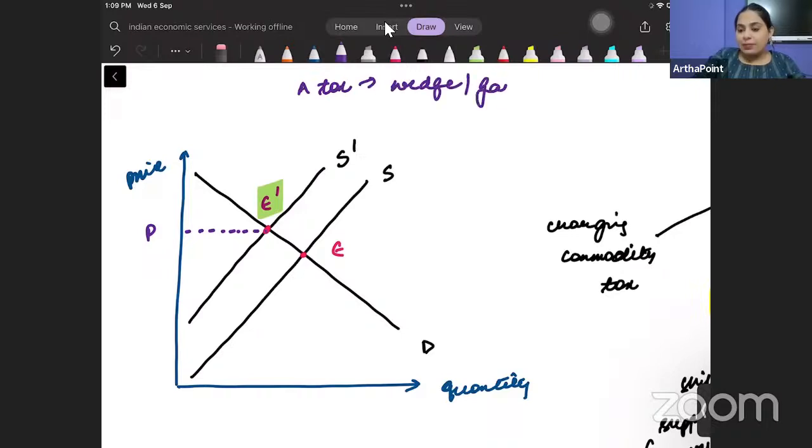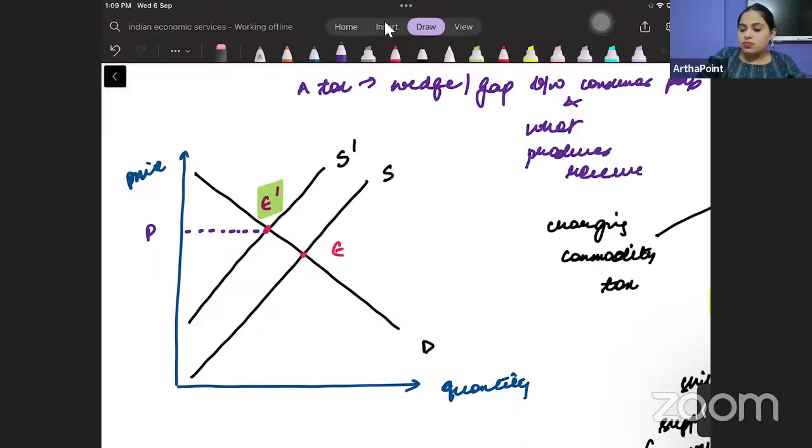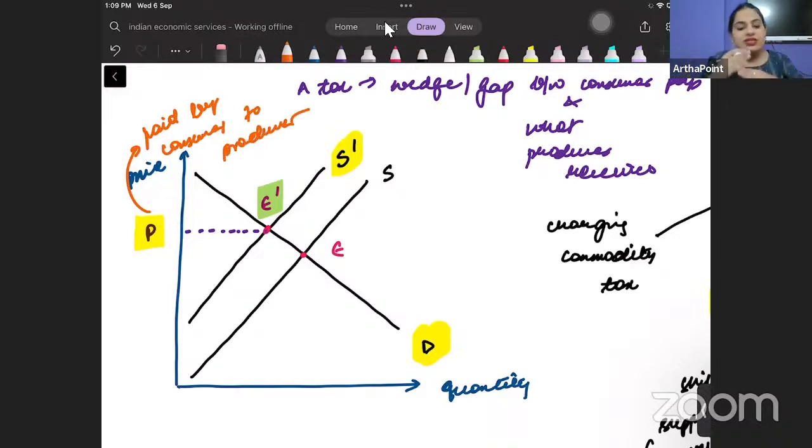Wedge को बोलते हैं gap between what consumer pays and what producer receives. So whatever is the price in the equilibrium, जो भी demand और supply को meet करके prices मिलते हैं, that is what is paid by the consumer to the producer.